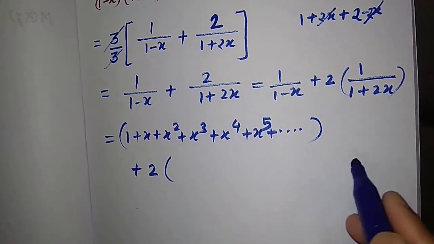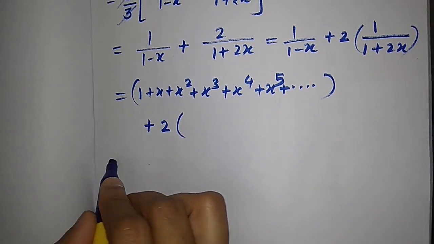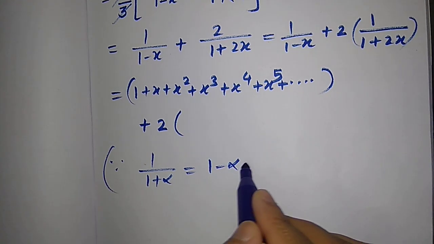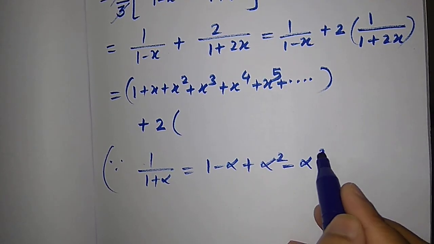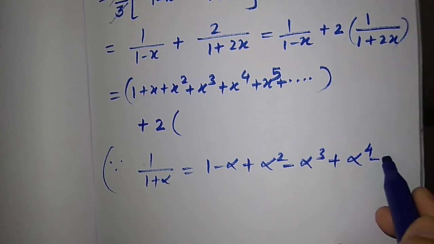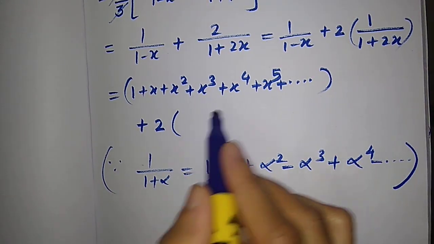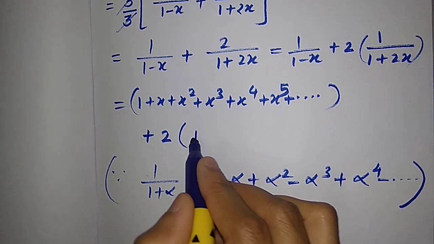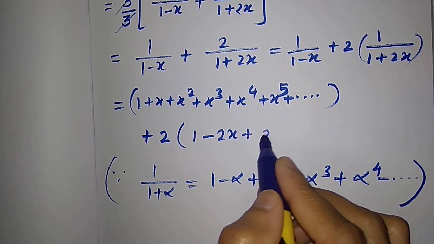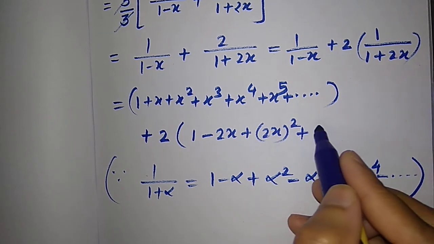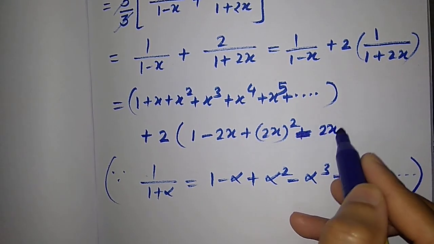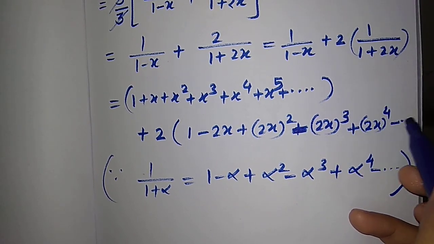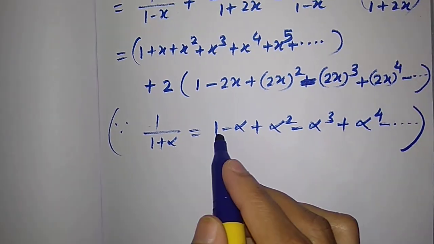Similarly, you apply this series, since 1 upon 1 plus alpha is the same as 1 minus alpha plus alpha square minus alpha cube plus alpha raised to 4 and so on. So you apply this formula to this series. So this is 1 minus 2x plus 2x square minus 2x cube plus 2x raised to 4 and so on. So just simplify it.